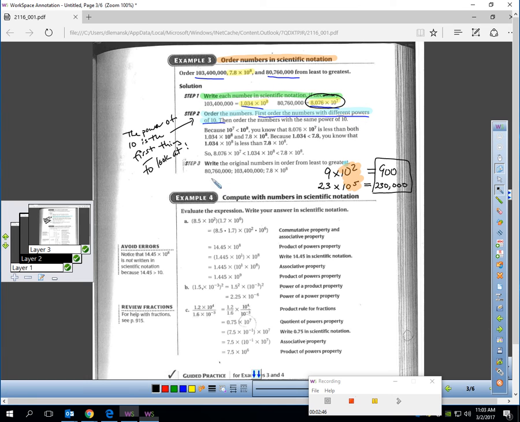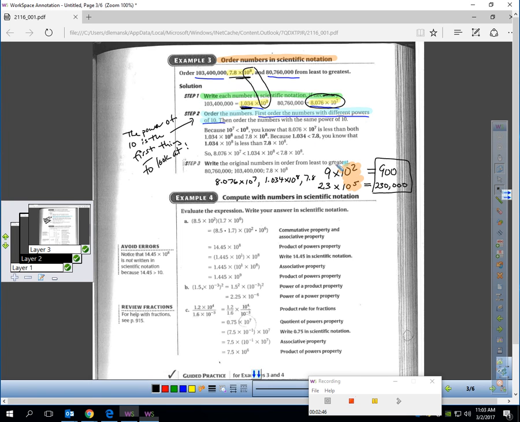So 8.076 times 10 to the 7th should be the smallest number. Now, do you notice the next two numbers, we have a tie. They both have power of 8. Now, to break the tie, you do look at the number in front. So the next number would be the 1.034 times 10 to the 8th. And the biggest number in the group is the 7.8.